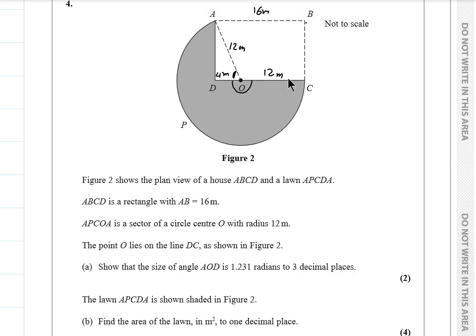plus 16, and then plus the length of AD, which is the square root of 12 squared minus 4 squared, or we can find it as 12 sine of this angle. Both of them are correct. So first we should get the arc length, by the same angle.